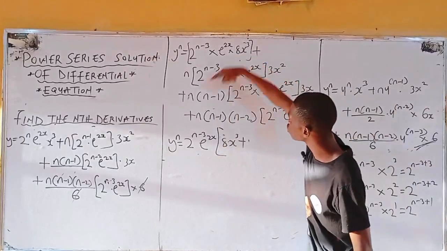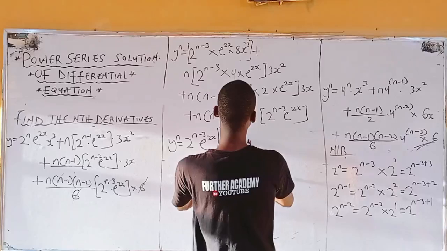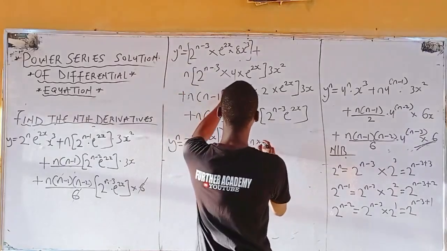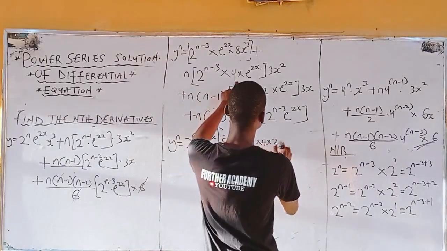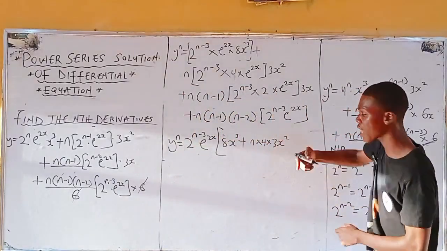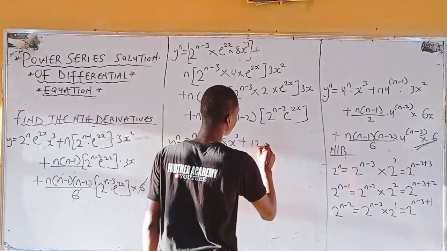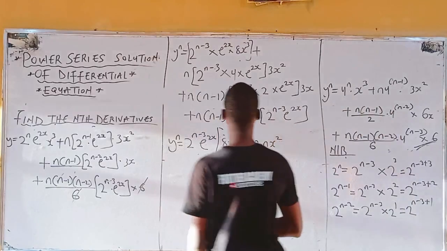By the time you factorize 2 raised to the power of n minus 3 and exponential 2x, I'm having this n multiplying this 4 multiplying 3x squared, right? It becomes what? 12n x squared. So let's write that. I'm having 12n x squared, right?